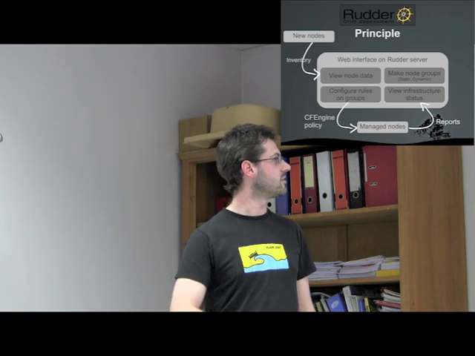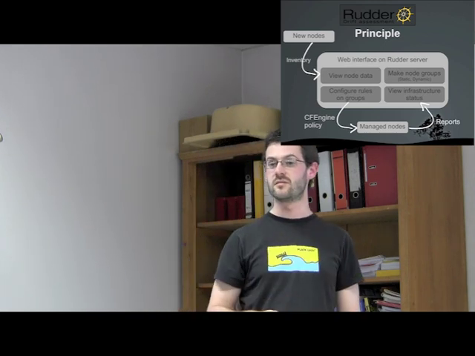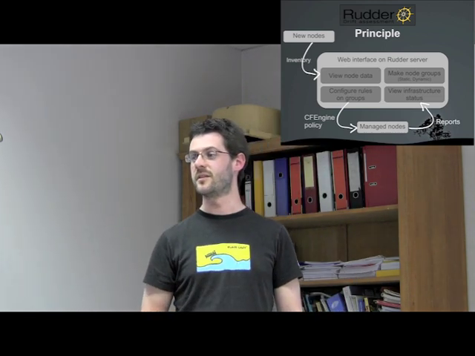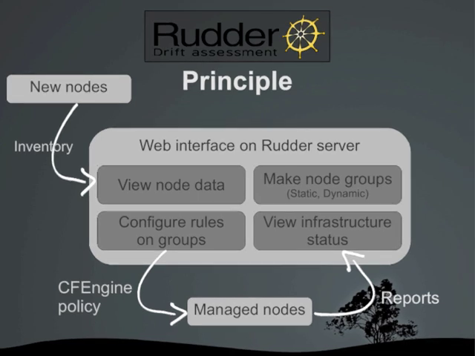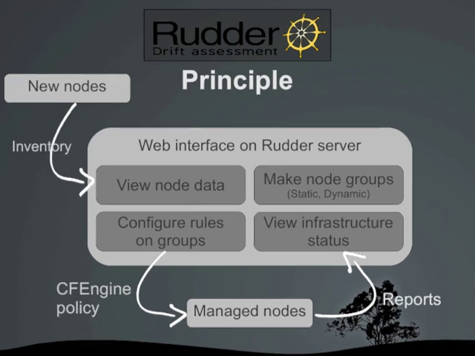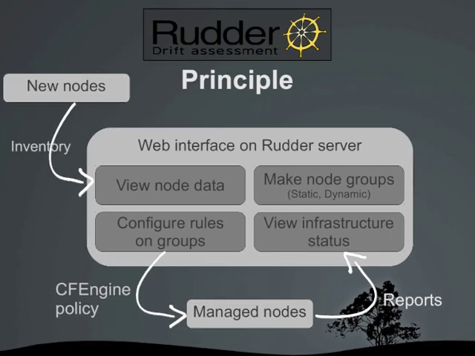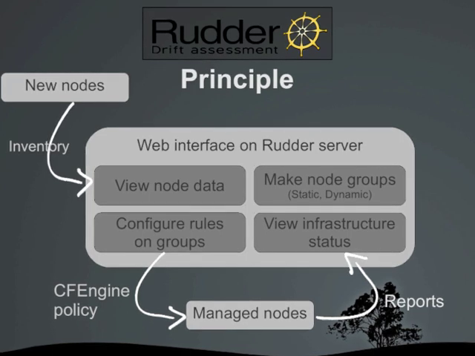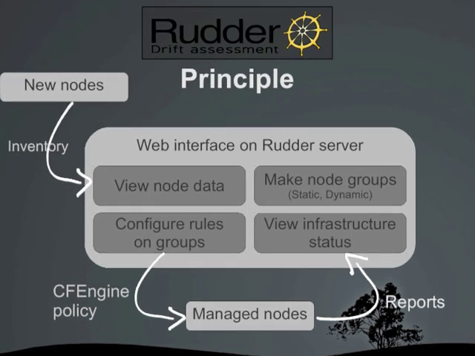And Rudder then generates CF Engine policy, CF Engine configuration, promises for those who are familiar with CF Engine, which is sent out to the nodes, who take that configuration and apply it exactly as CF Engine would do if you weren't using Rudder, and then send back some reports so that you can see in the web interface the status of your whole IT infrastructure.